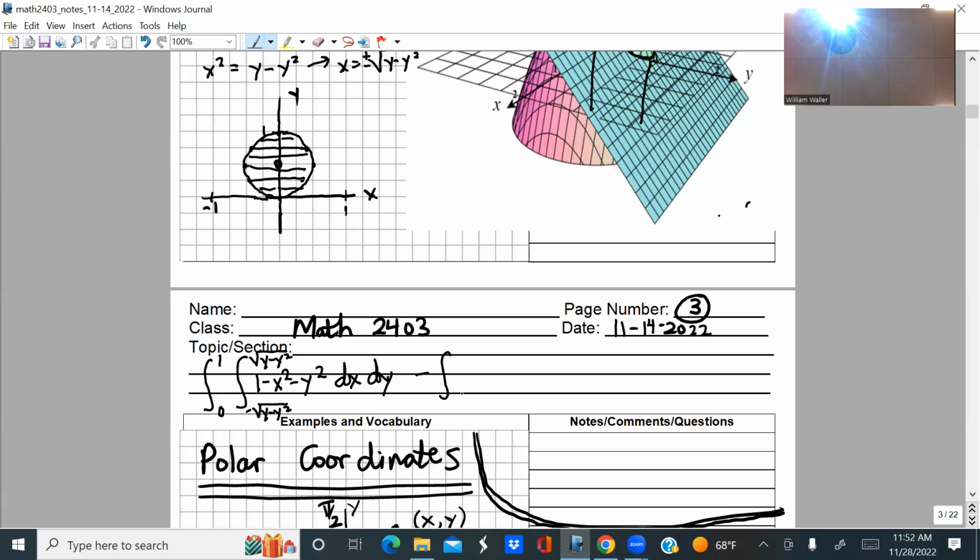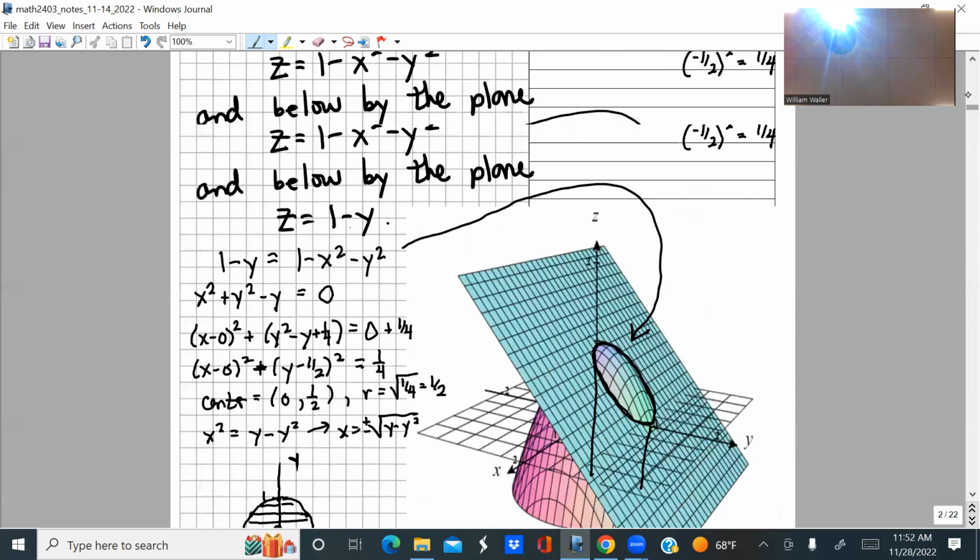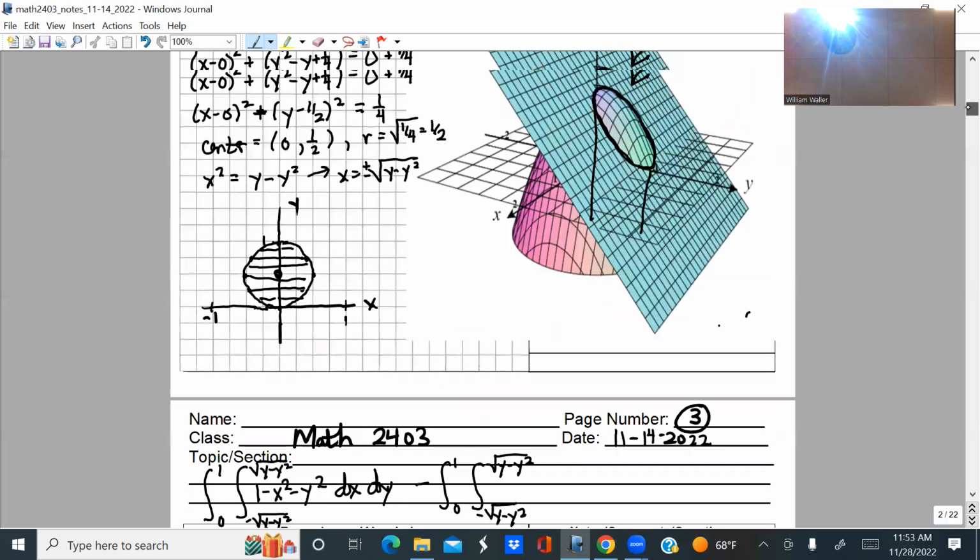But it's also easy to set up now the volume for the plane, because you're going to have the same limits of integration. Once you've found the limits of integration, it simplifies things a lot. Except your integrand now will be the equation for the plane, which is 1 minus y.